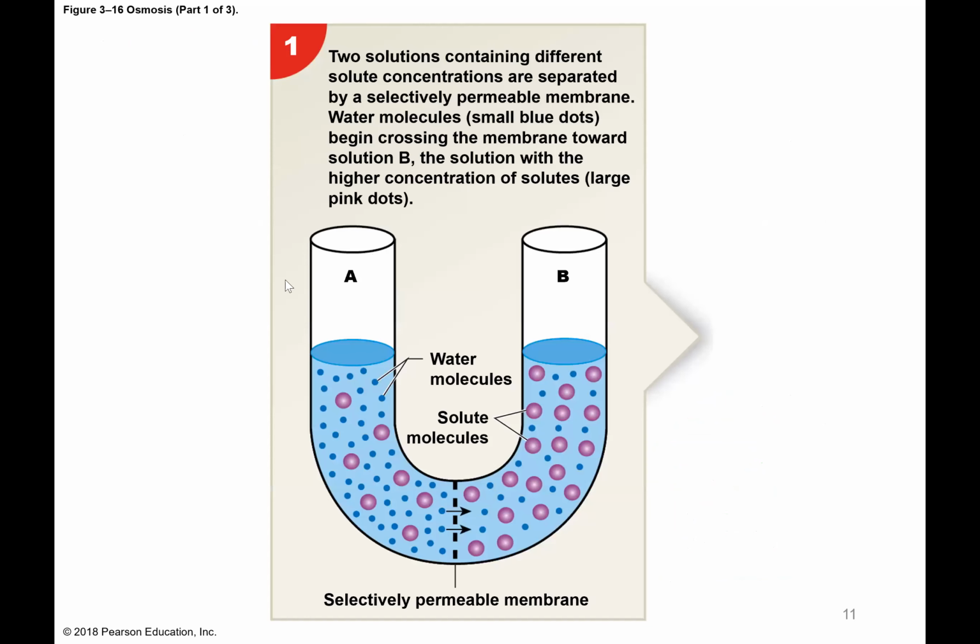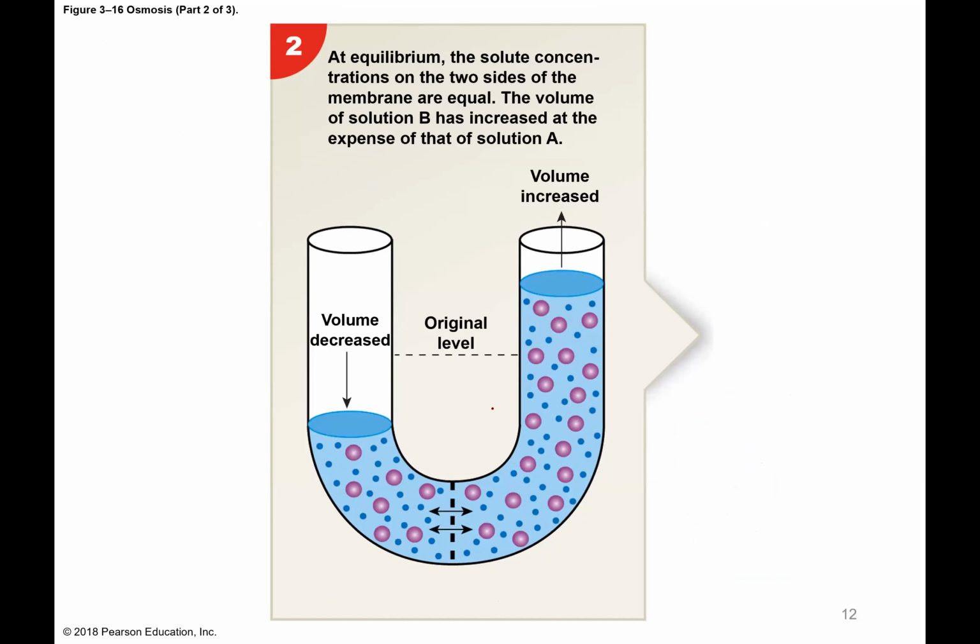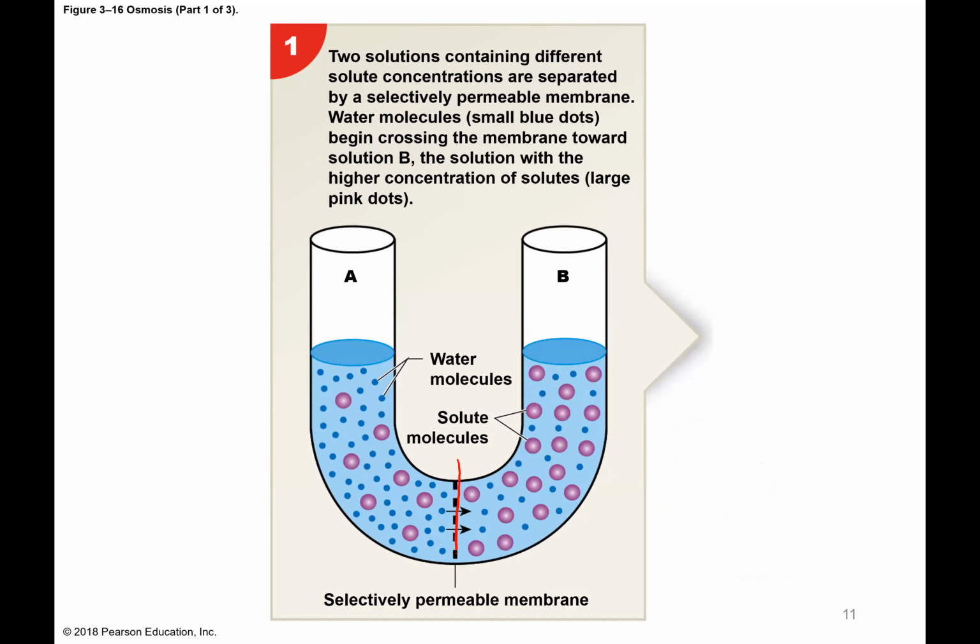So in this illustration, we have two concentrations of solution, and they're separated by a selectively permeable membrane right here. So we have an area of high water concentration here, an area of lower concentration of water on the right-hand side. So you end up with a net movement of water across that selectively permeable membrane.